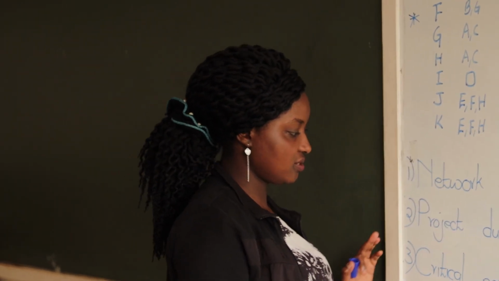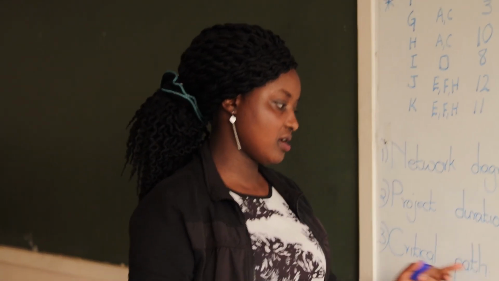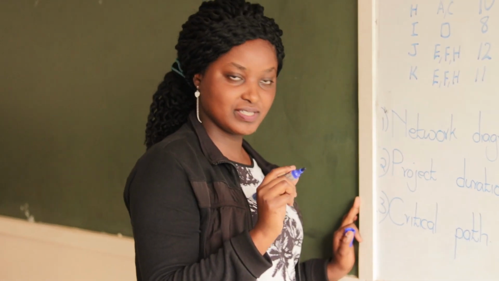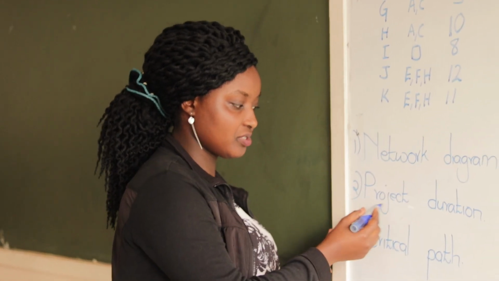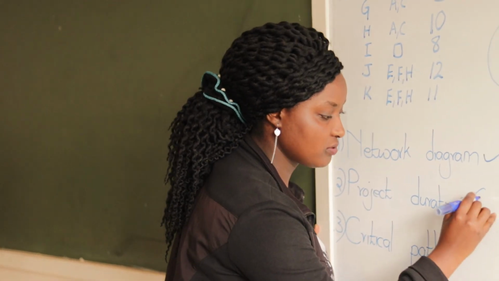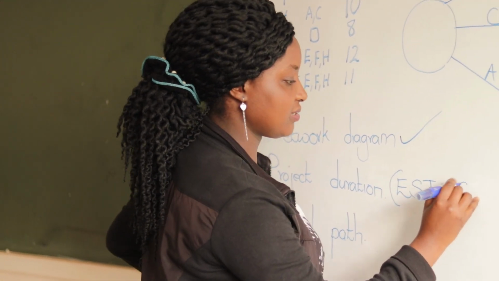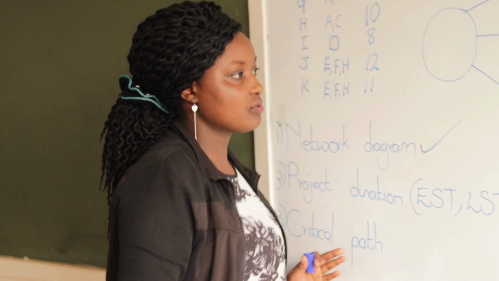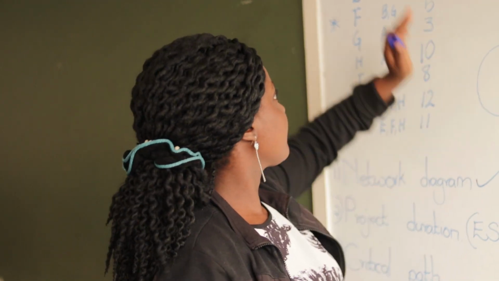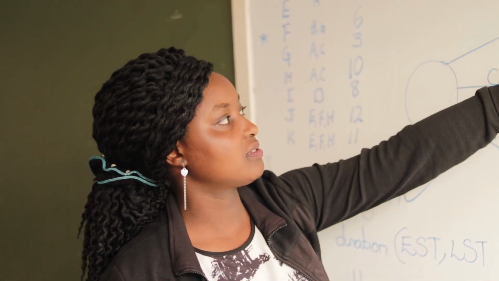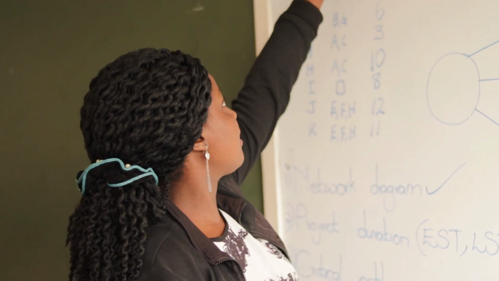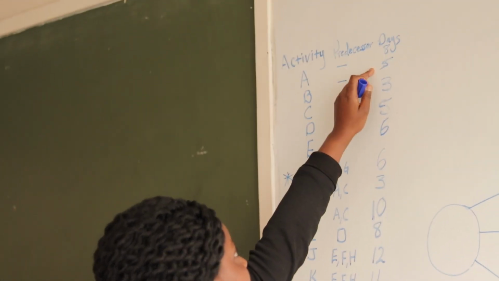Our second question is determine the project duration. But remember, in our first illustration, you cannot determine the project duration without finding the early starting times and the late starting times. So we can start from here, but we have to fill in the number of days as we were given in our illustration.